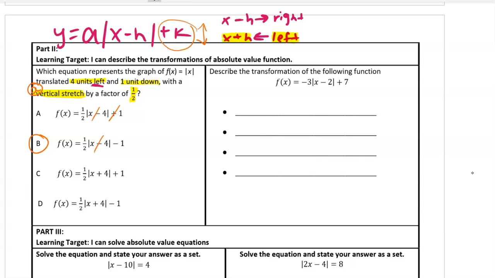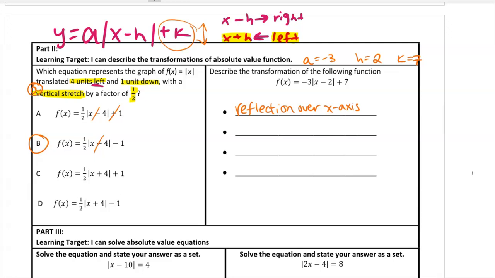Here it says, describe the transformation of the following function. So we have A is -3, H is +2, and K is 7. So starting with the A value, we have a negative. Negative means we have a reflection over the x-axis. Okay, the 3 is greater than 1.